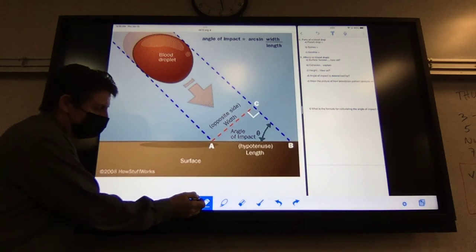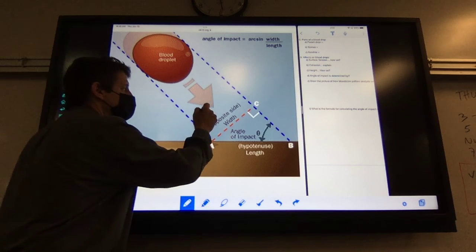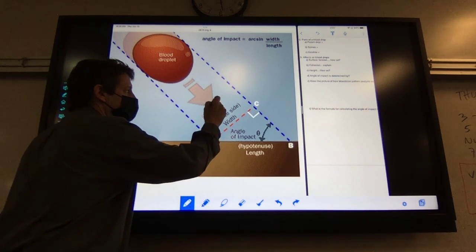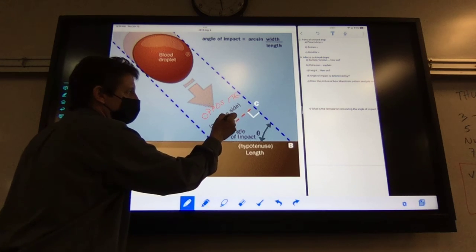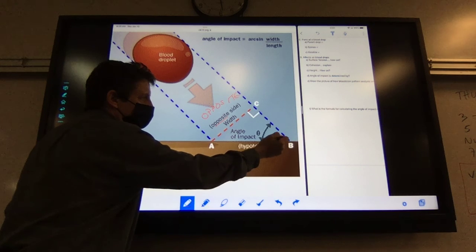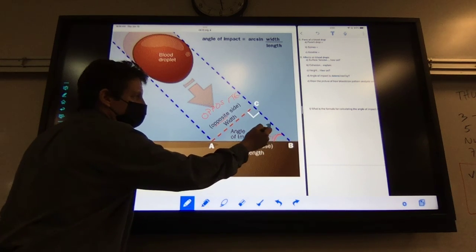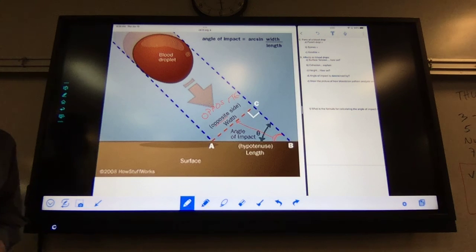In your sketch, you should write that this is the opposite side. So you see how it's labeled the opposite? So here's the angle that we're going to try to determine. And this is opposite the angle. So that's what that means in a right triangle.